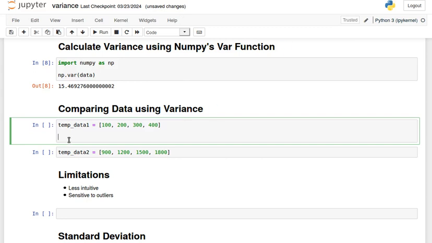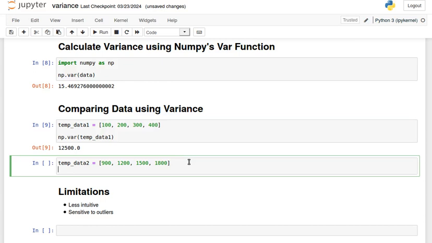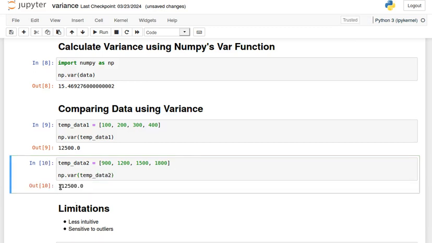We can use it. So we can see that the variance for this data is 12,500. Let's check the variance for this data. So here we can see that it has higher variance.